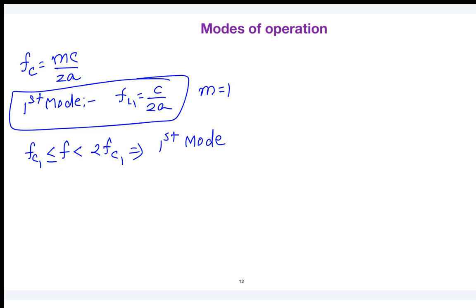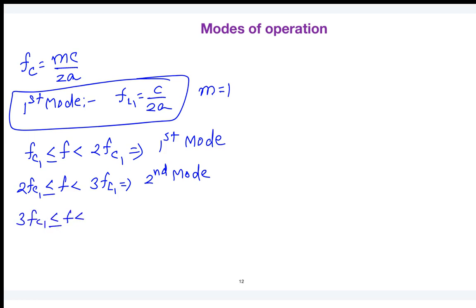Similarly, when the group of frequencies lies from 2FC1 to 3FC1, you can call it the second mode. And the third mode is 3FC1 to 4FC1.